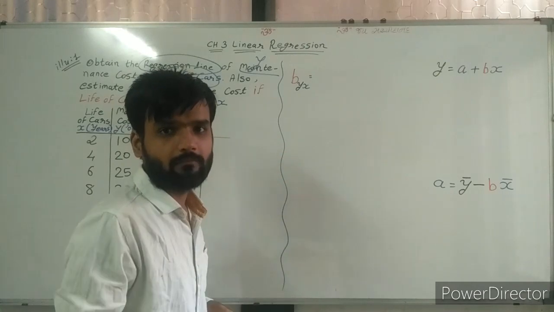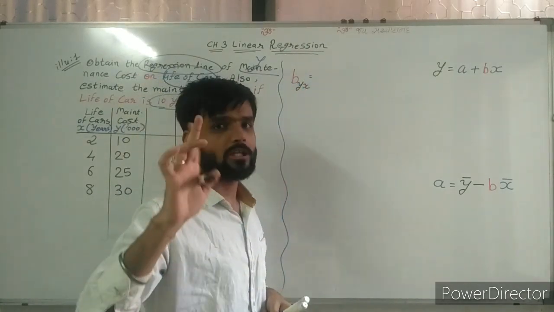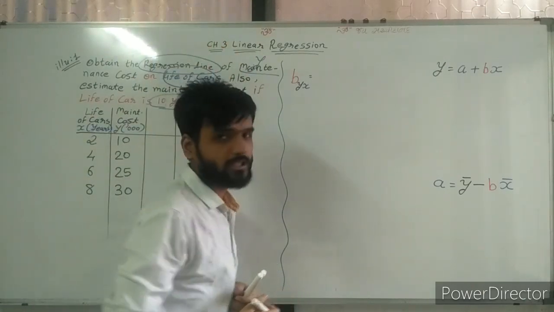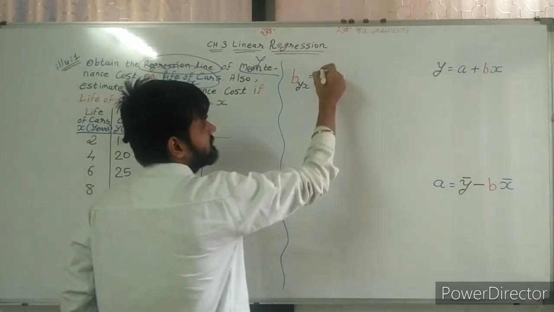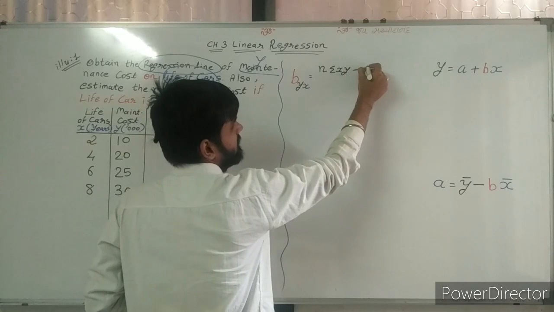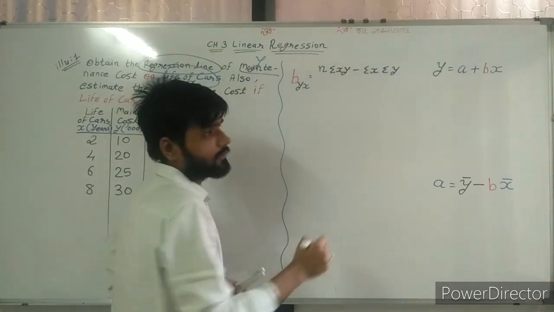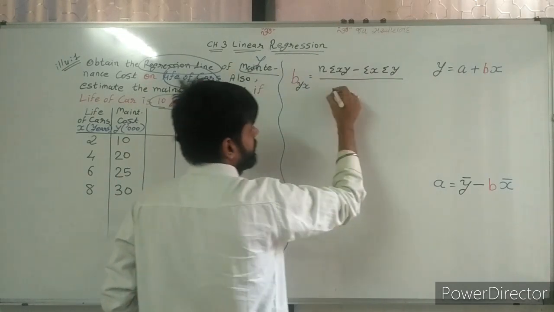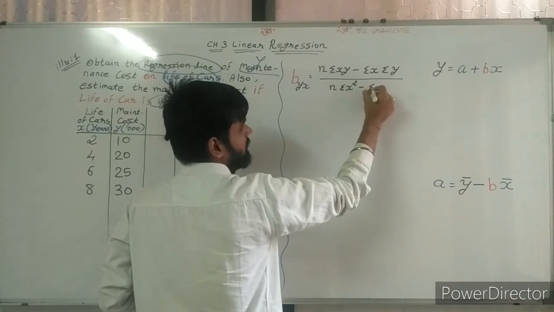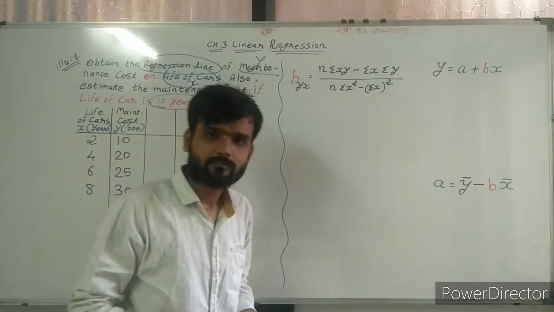On that basis I am making the formula here. Second formula, sorry. The first formula is sigma x minus x bar, y minus y bar. But here I am using the second formula: n sigma xy minus sigma x sigma y, divided by n sigma x square minus sigma x whole square.